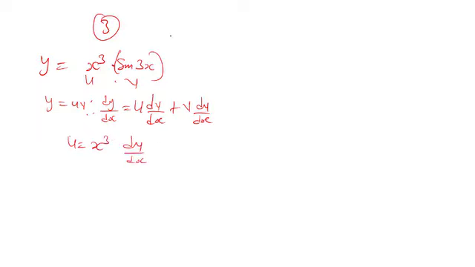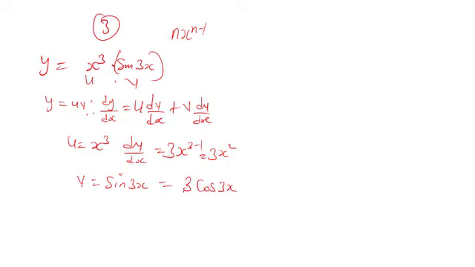Remember the rule of calculus, you have n x raised to the power n minus 1. So du/dx becomes 3x raised to the power 3 minus 1, which is 3x squared. And v is equal to sine 3x. So if we differentiate this, we have 3 cos 3x.